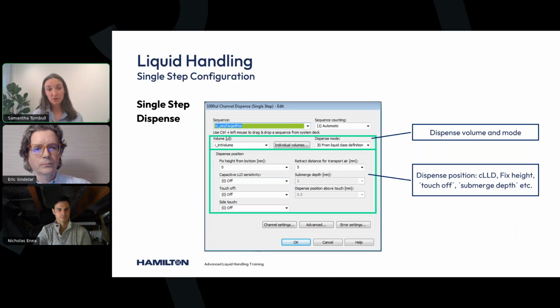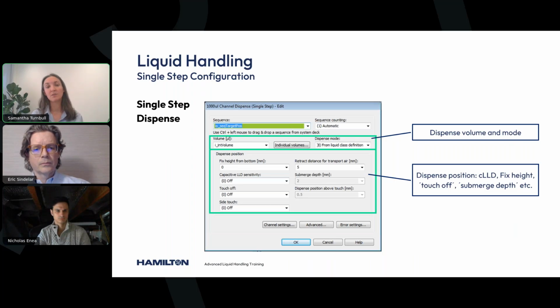Now in the dispense mode, you will see many similar terms. We have our dispense volume and dispense mode, and we again have a fixed height option, so a distance to dispense off the container bottom. This is best when you're going into empty labware or jet dispensing into the air.